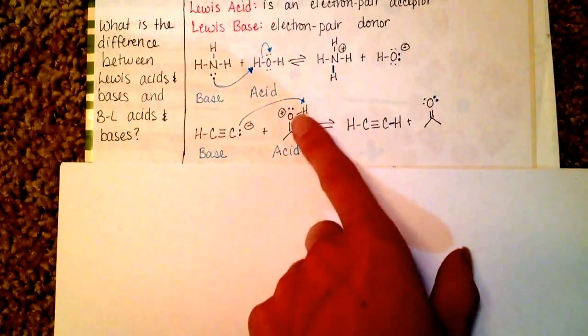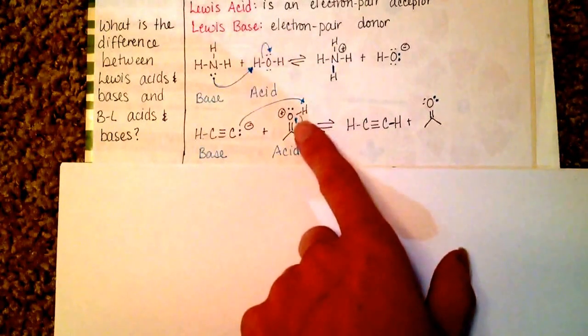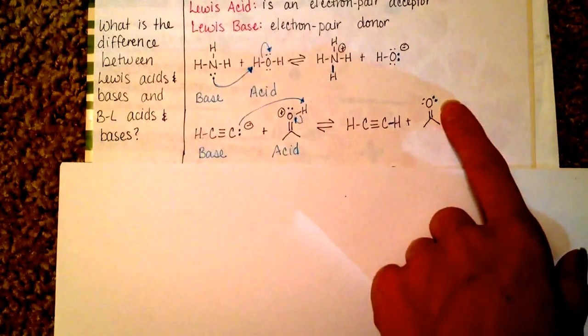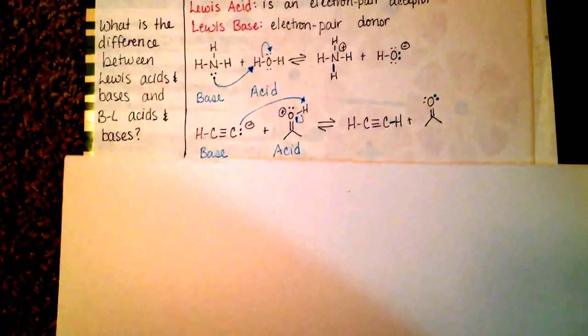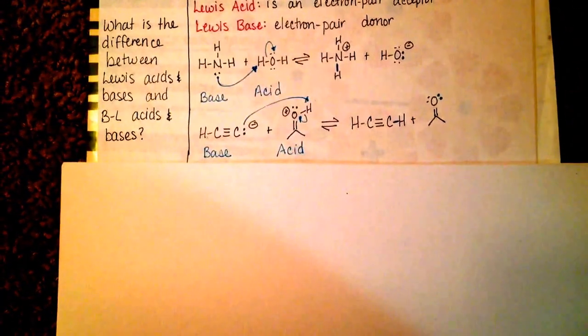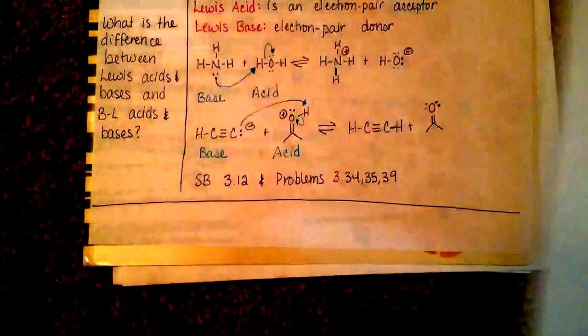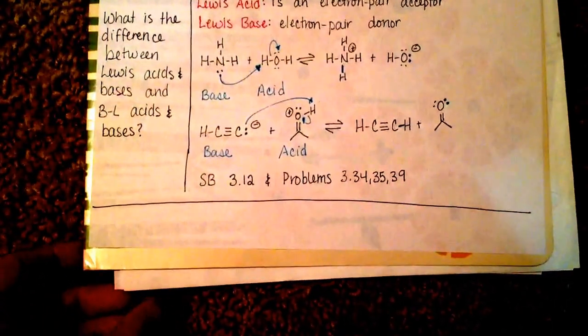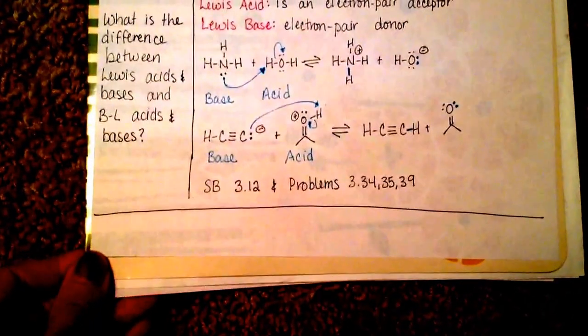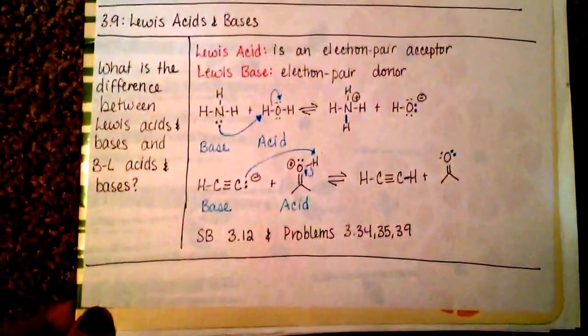And the oxygen-hydrogen bonding electrons are being moved onto the oxygen as a lone pair. So make sure that you are slightly familiar with the Lewis acid-base definitions, because they do come up every once in a while, and you want to be able to correctly identify the acids and bases when the Bronsted-Lowry system doesn't work.